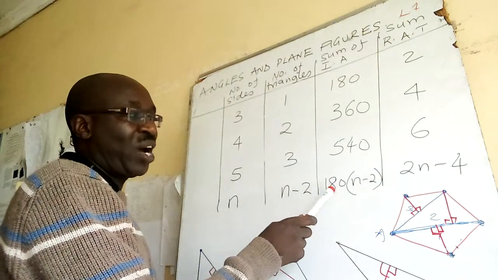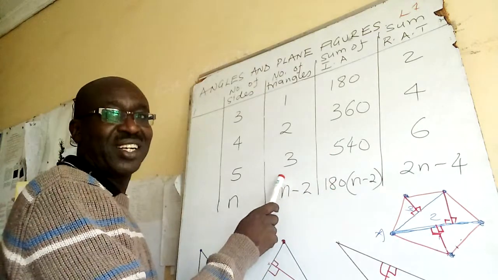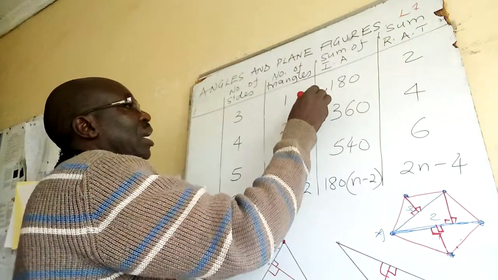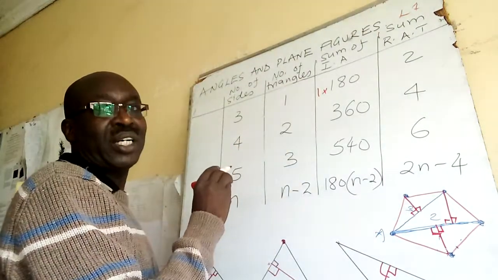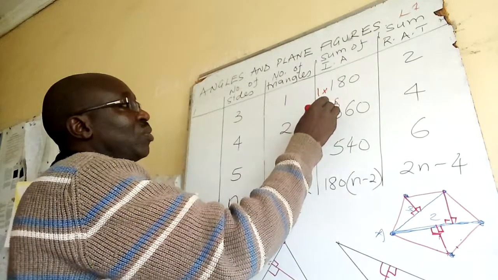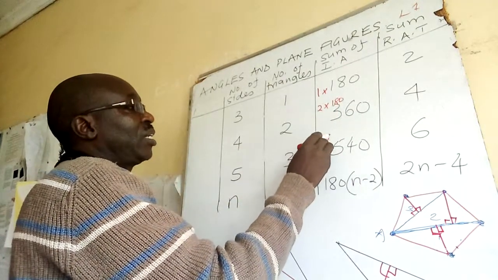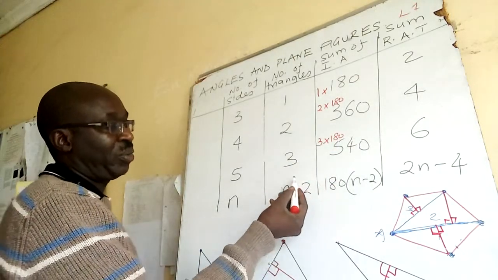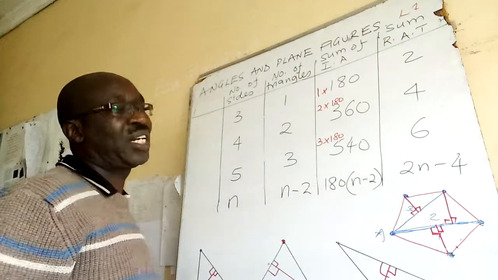Here, 180 times this. See? 1 times 180. Here, we had 2 times 180. Here, we had 3 times 180. So automatically, here, the number of sides is this times that.